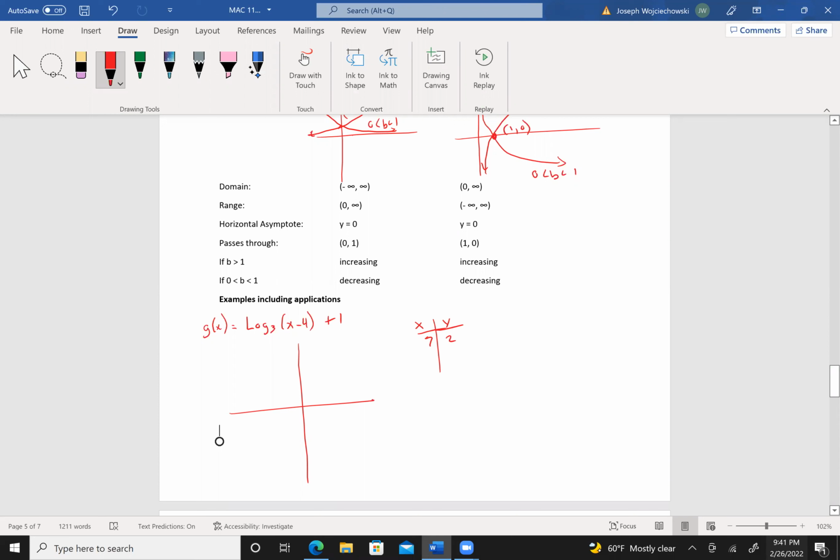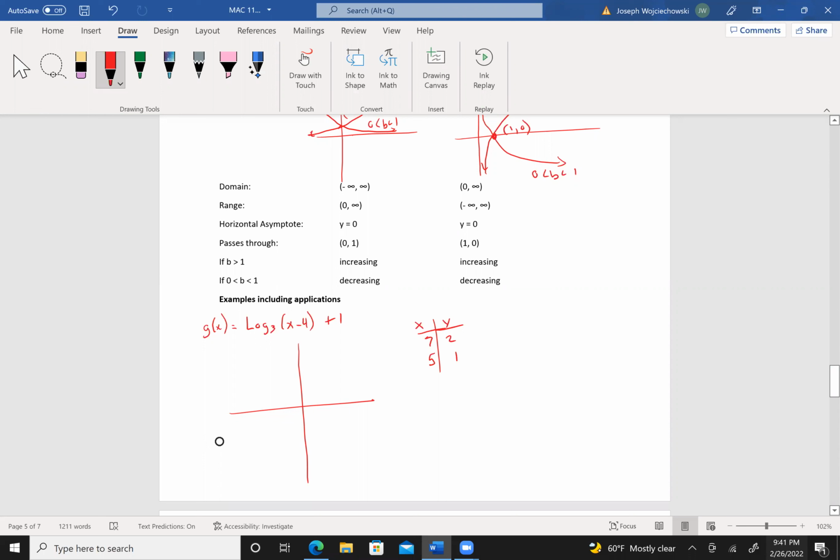If this is 5, the log base 3 of 5 minus 4 is the log of 1, that's 0, right? Plus 1. We can't go negative.